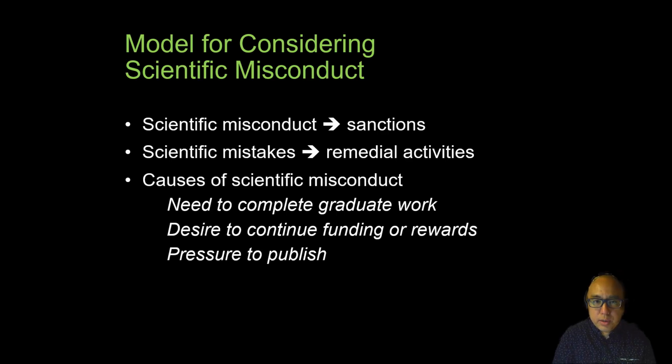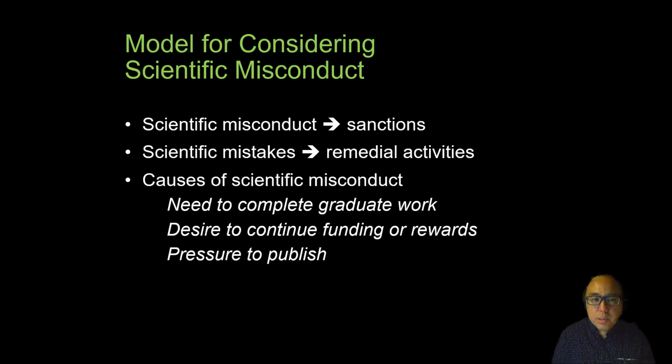There's a lot of pressure, especially as a graduate student, to complete your work, whether it's your dissertation, your thesis, your capstone, by a certain date. You want to graduate on time. For faculty members, they want to get funding. They want to continue their grants or academic rewards.